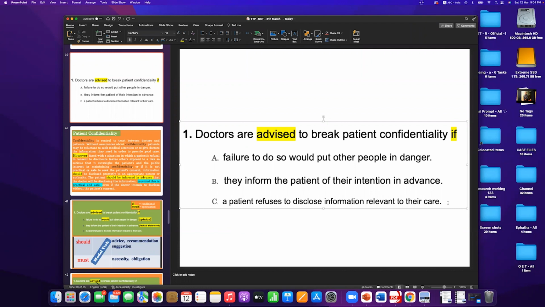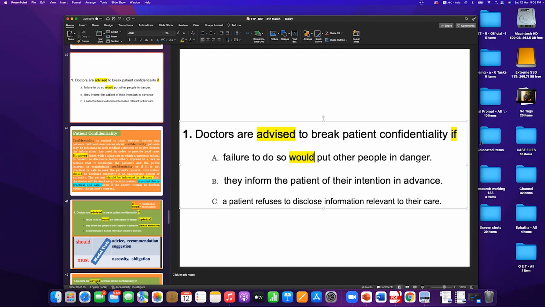They inform the patient of their intention in advance. That's a factual statement. It's a fact. If they inform, they can. Factual. Failure to do so would... What does would speak about? Modal verb. Modal opinion. A modal verb about the future, right?